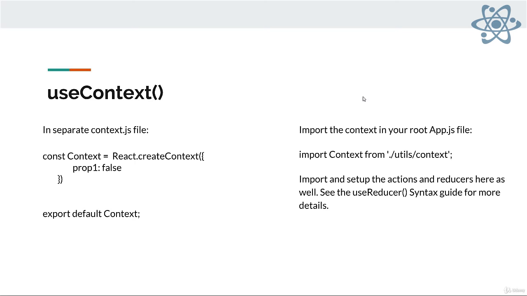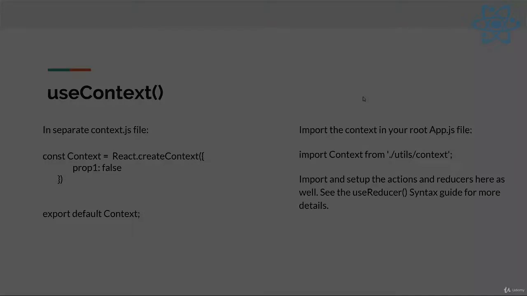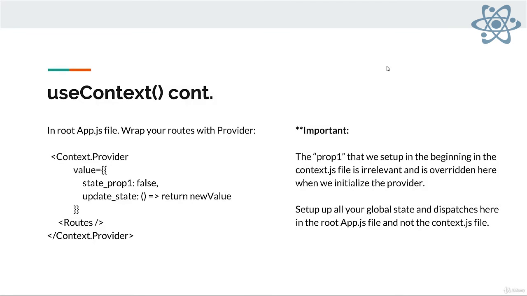After you create the context, you have to import it in the root app.js file. And you can use the syntax I provided right here. After importing it to the root app.js file, you have to wrap all your routes with the context provider, as you see here. Then the context provider takes a value prop, which can be a JavaScript object that contains many properties itself.